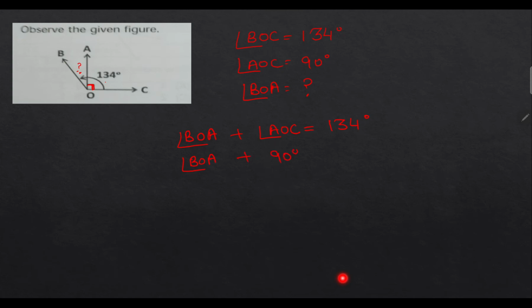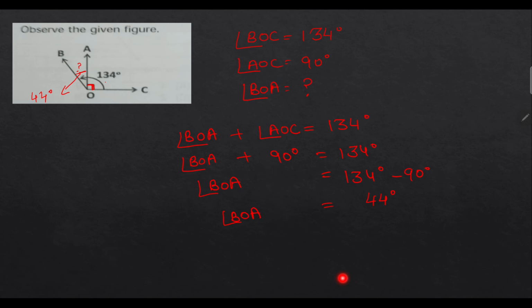AOC is 90 degree, is equal to 134 degree. So what you will do now here, angle BOA is equal to 134 degree minus 90 degree. Answer will be 44 degree. So this means this missing angle is of 44 degree.